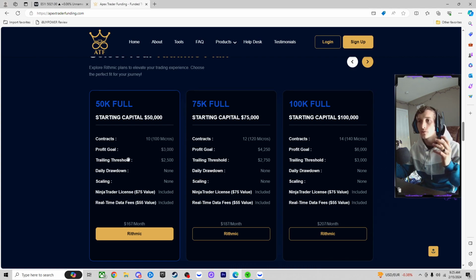Trailing threshold, $2,500. So it's just ever so slightly lopsided to make you have to get more profit than you have access to losing. So what is a trailing threshold? Basically, it's the amount that you're able to lose before you will breach the 50K account and have to start all over. Let's say you make $1,000 profit on it, so you're at 51,000.